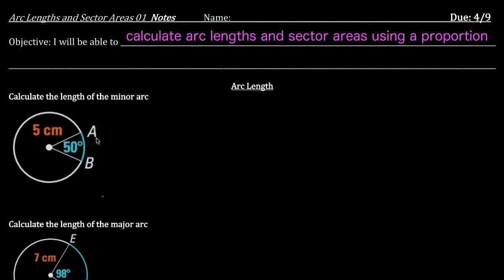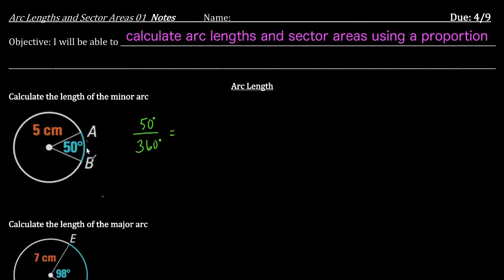So it's easier to kind of show you the proportion first. So if we do this 50 degrees, and we say that that's our part, which is 50 degrees, to the whole circle, which would be 360 degrees, that ratio should be equivalent to the part, which is AB.